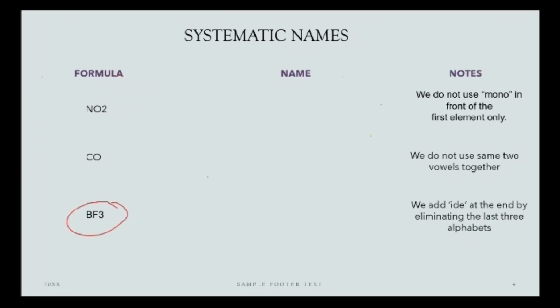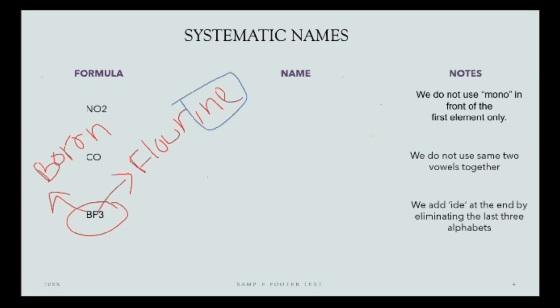Our next compound is BF3. B is the symbol for boron and F is the symbol for fluorine. Fluorine here is the anion, so we will replace its last letters with IDE.